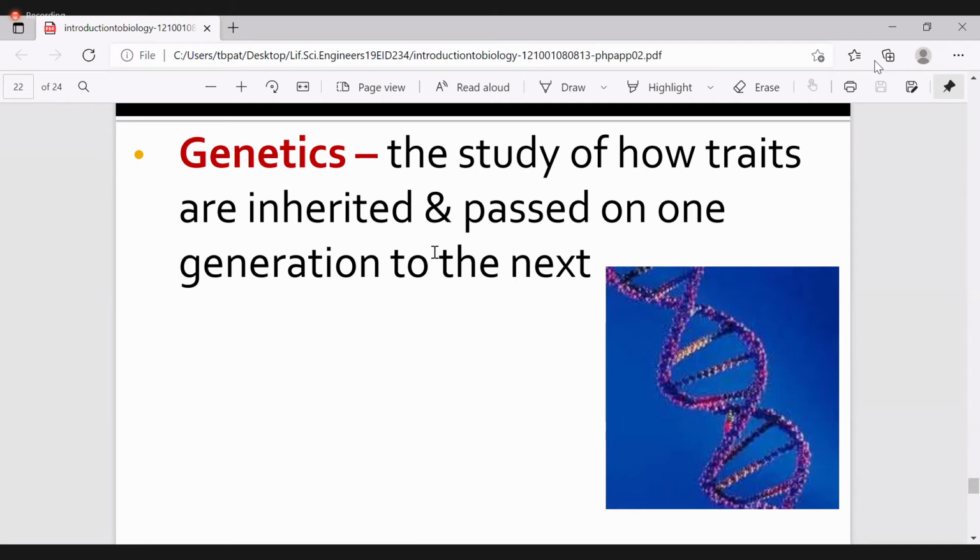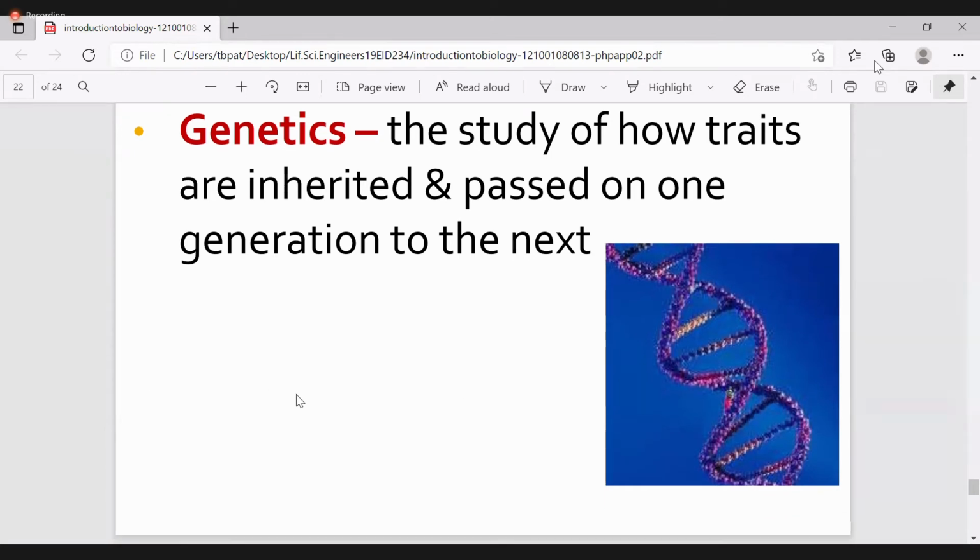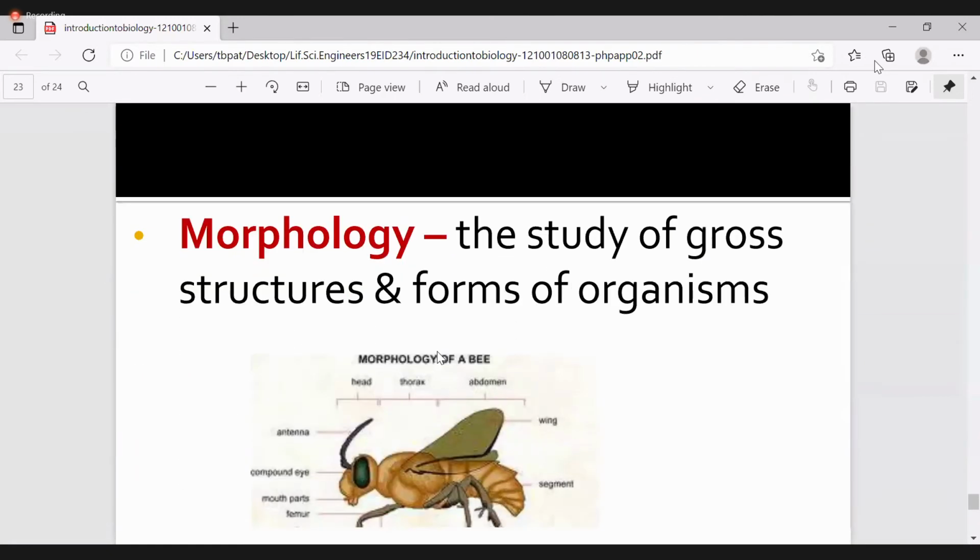This is possible only through genes, the genetic orientations. The shape is a twisted ladder, and the genes are arranged like that.